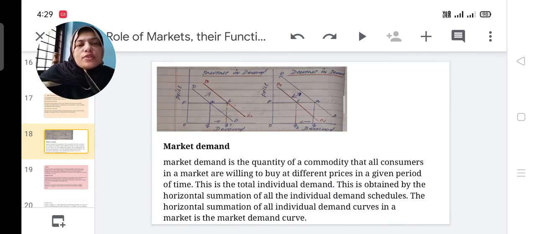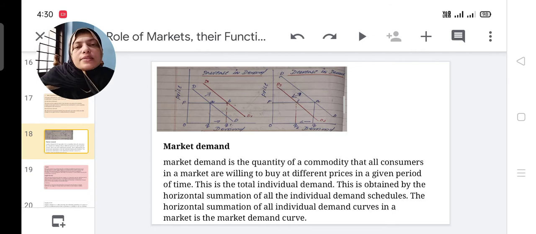You look into this picture, increase in demand and decrease in demand. The first picture is increase in demand, the second picture decrease in demand. Already the consumer buys OQ quantity at OP price, then at the same price his income increased, at that time he buys OQ1 quantity and now demand increased from point A to B. That is called increase in demand.